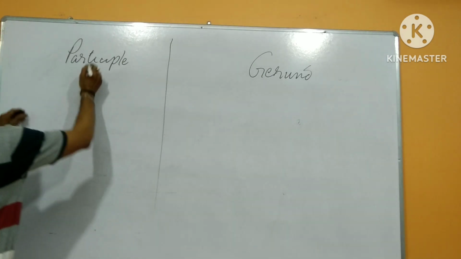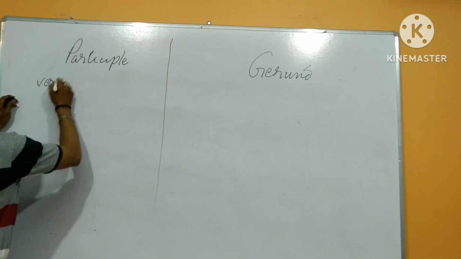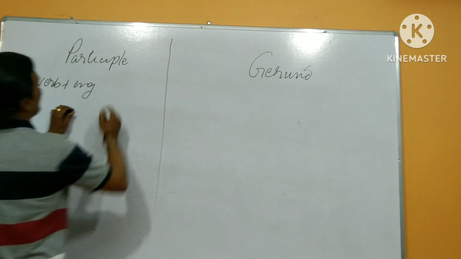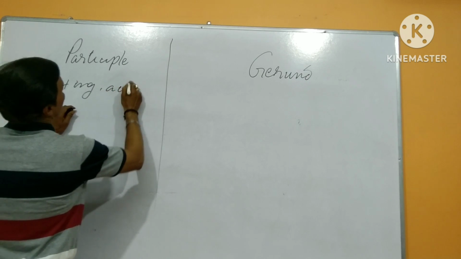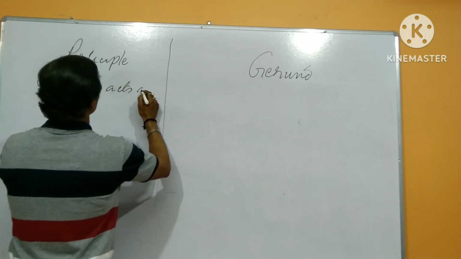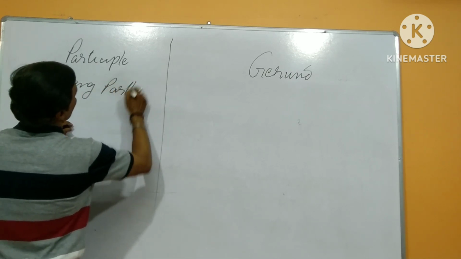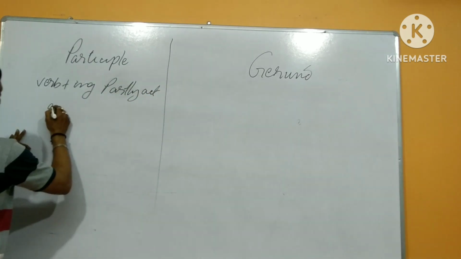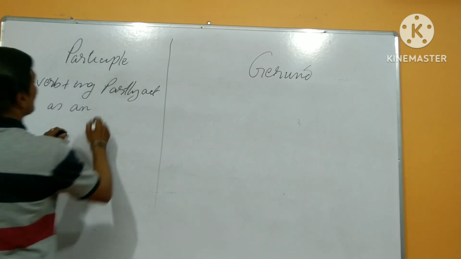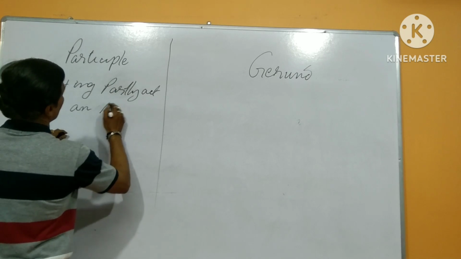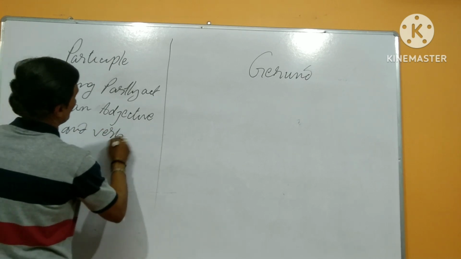A participle is especially verb plus ing and partly acts as an adjective and partly as a verb: adjective and verb.